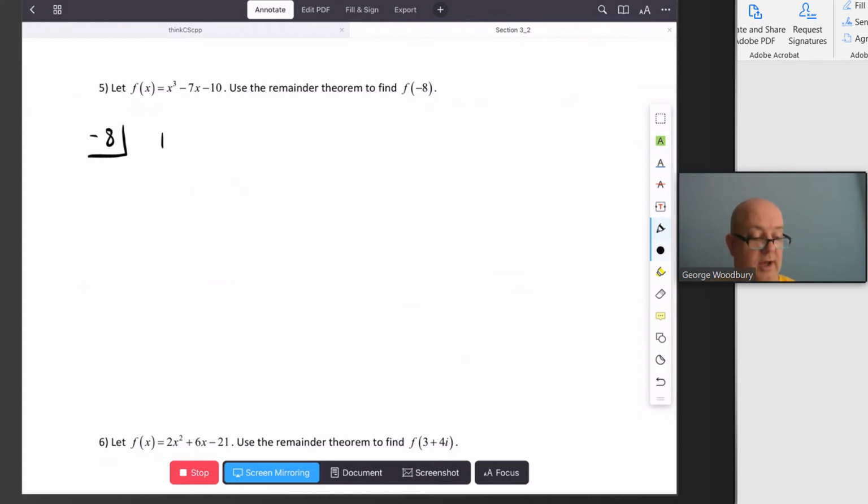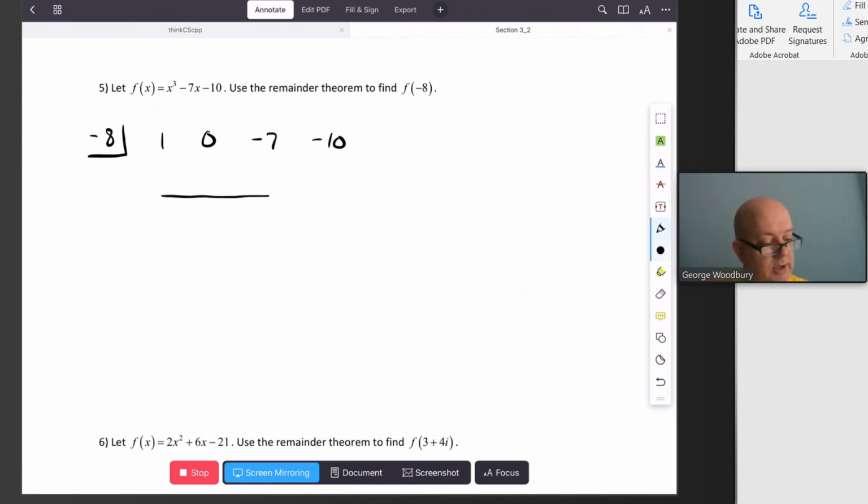I have 1x cubed, 0x squared, negative 7x, and negative 10. Whatever the degree of the polynomial is, here it's 3, you have to have one more spot than that in the top line. So there are 4 spots, but I only see 3 numbers. That means that I'm going to have a 0 somewhere, and I've got to figure out what spot that is.